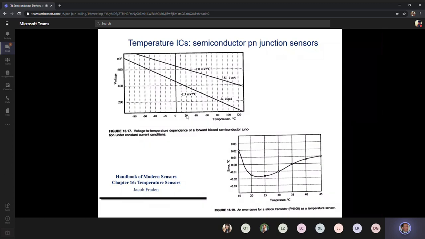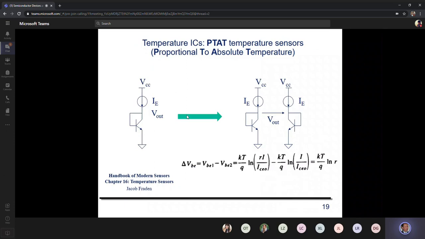In the next slide, we see a rather more complicated circuit. In order to explain this, I have to change the figure. But before doing that, I want to illustrate the concept.